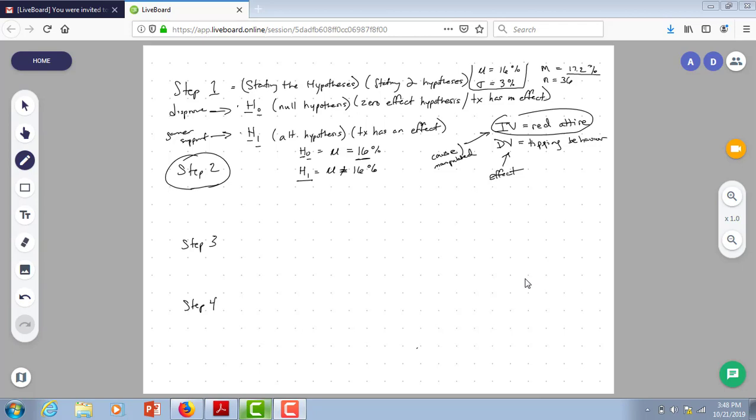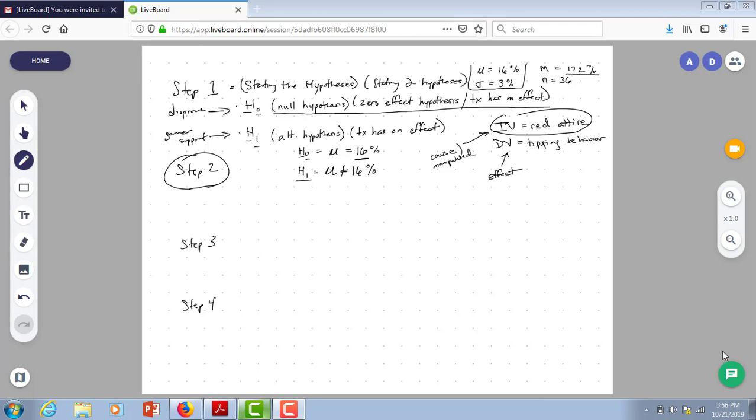On the other hand, a sample mean that is very different from 16 is not consistent with the null hypothesis. So with that understanding, the sampling distribution of the means can be broken up into two different sections. You could have one section identifying sample means that have a high probability if the null hypothesis is true, and then sample means that have a low probability of occurring if the null hypothesis is true.